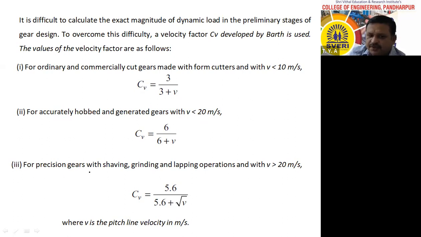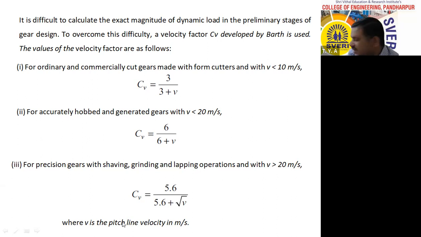And third, for precision gears with shaving, grinding and lapping operations with v greater than 20 meter per second, CV is equal to 5.6 divided by 5.6 plus root v, where v is equal to pitch line velocity.